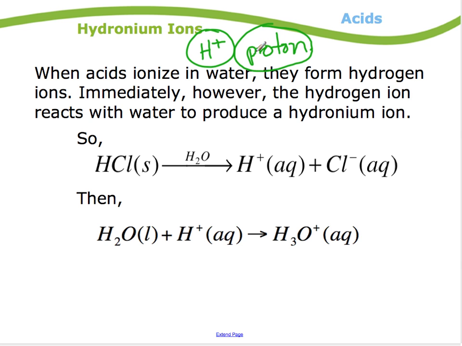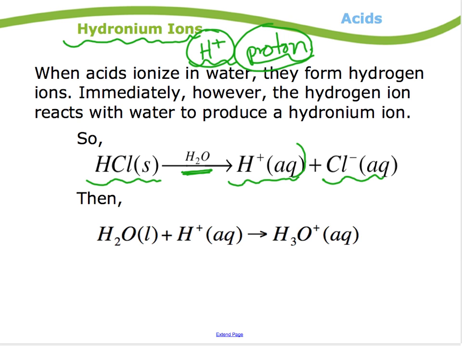But another species that is often used to describe an acid is something called a hydronium ion. And a hydronium ion results from the production of a hydrogen ion or a proton. So basically, if I have an acid that I introduce water to, it dissociates or ionizes, the HCl ionizes into hydrogen ions and chloride ions.